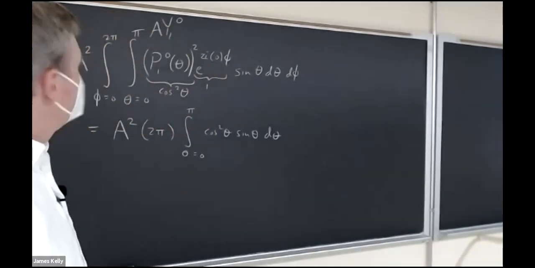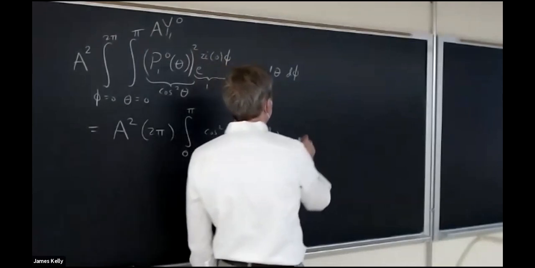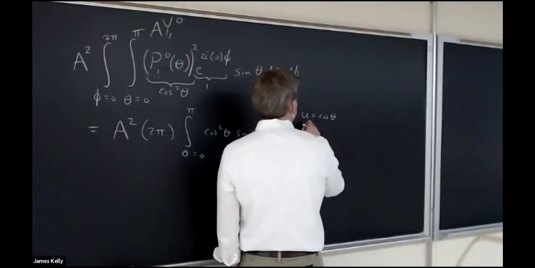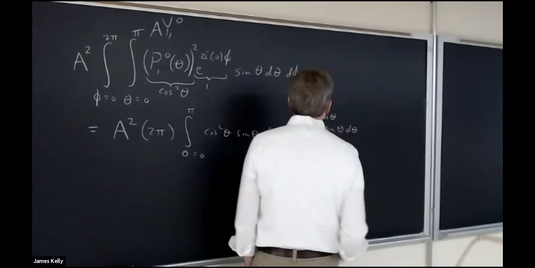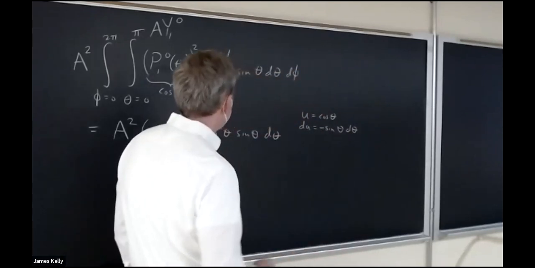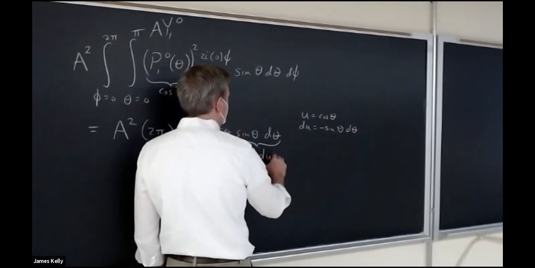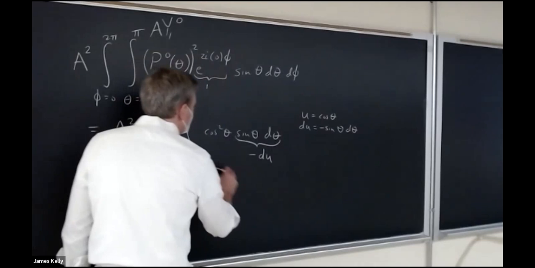How do we do that integral? Yeah, we do a u substitution. For example, let's let u equal cosine theta. Then du, the derivative of the cosine, is minus sine theta d theta. And so this thing right here is minus du. So let's replace this.